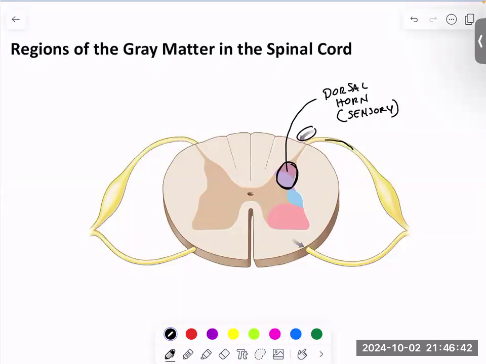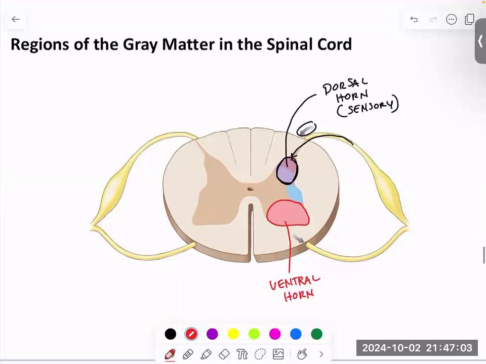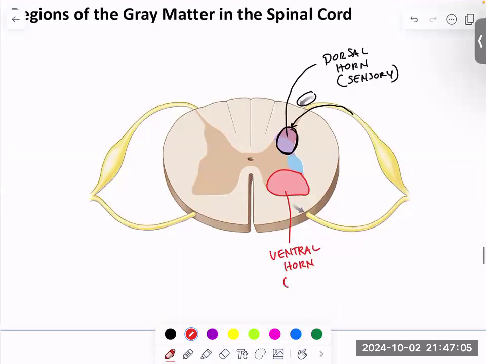That means sensory info goes into that region. This area in red, which one is that one called? The ventral horn. The ventral horn is very specific. This one is somatic motor. What does somatic motor mean? Skeletal muscles, things you control, things you consciously think about.